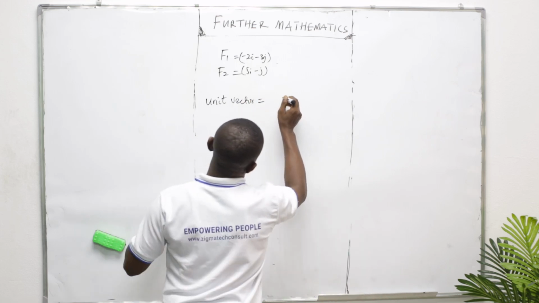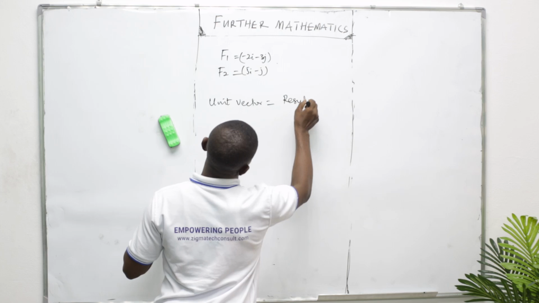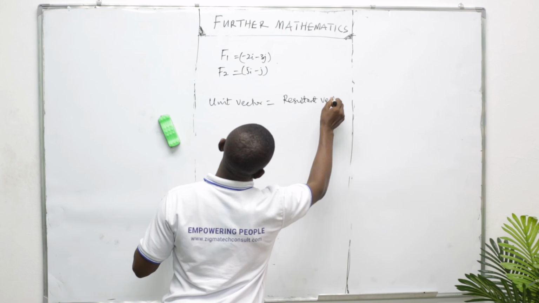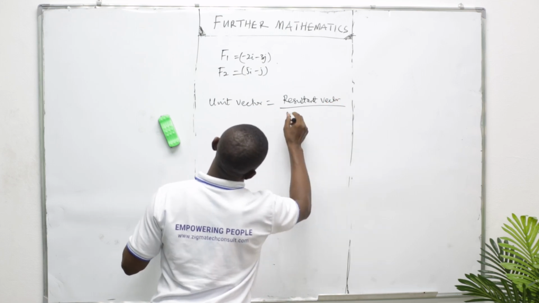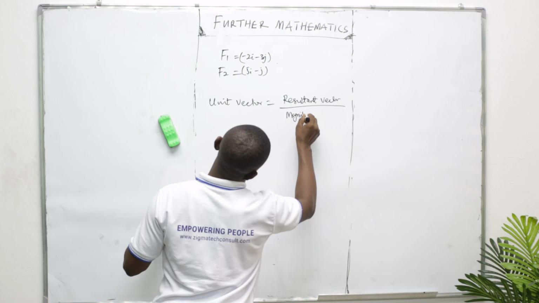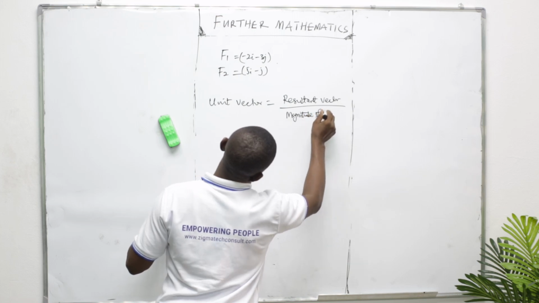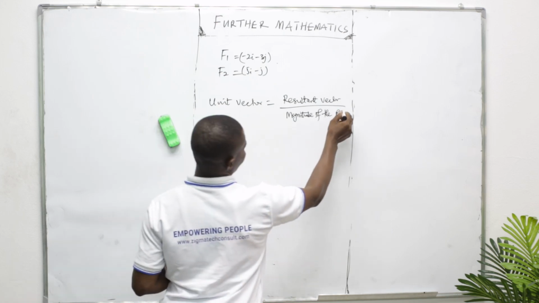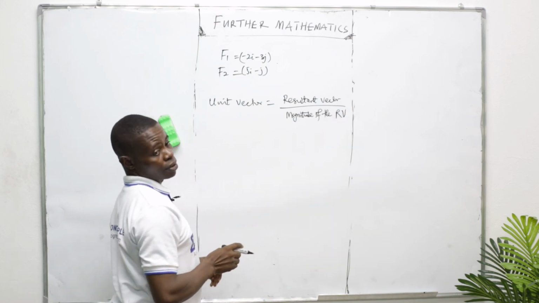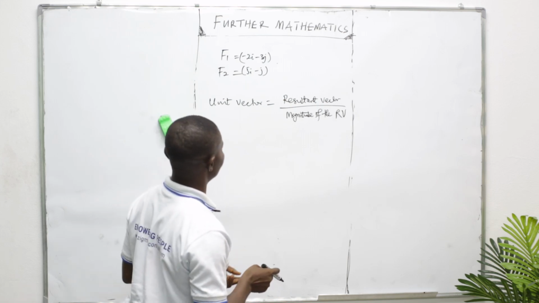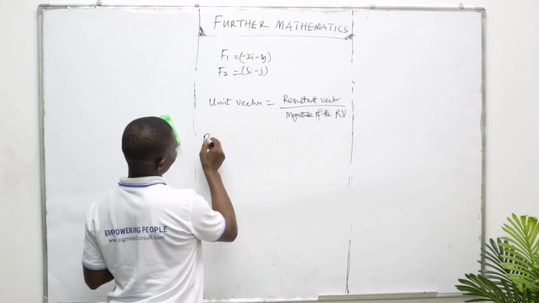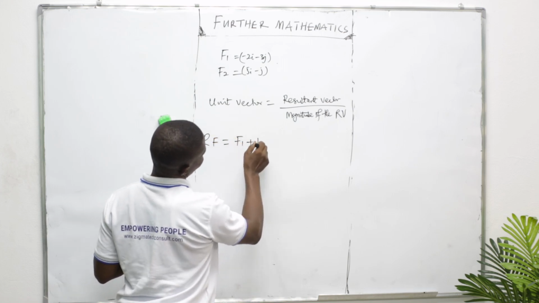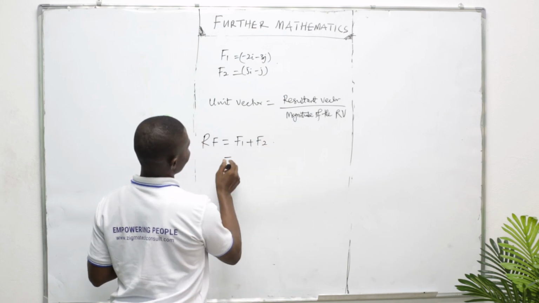So unit vector equals resultant vector all over magnitude of the resultant. So let us look at the magnitude, the resultant of this vector. RF equals F1 plus F2 to give us what?